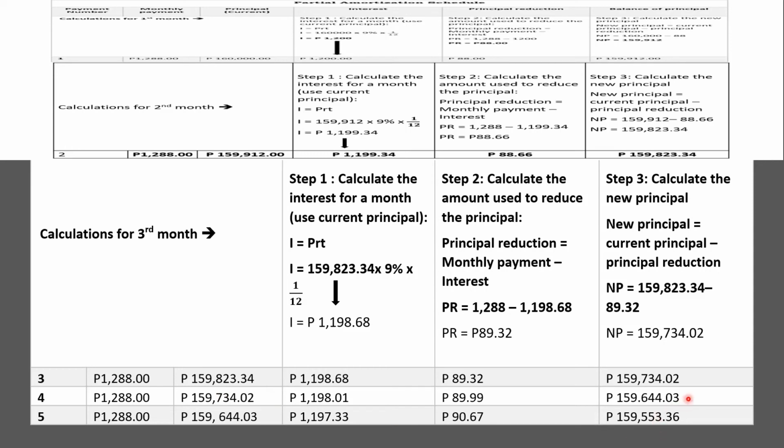And for the fourth monthly payment, 159,644 pesos and 3 centavos became the new current principal for our fifth monthly payment, so on and so forth.